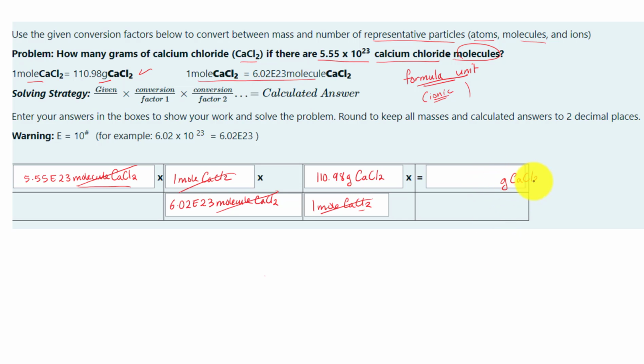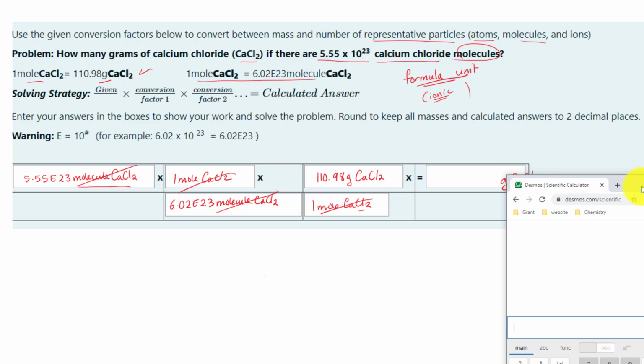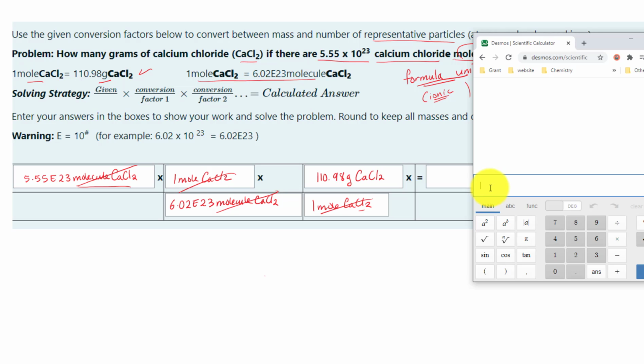So let's use our decimal calculator. There you go. Let's type it in. Again, multiply everything on top, divide everything on the bottom. We have 5.5 times 10 to the 23rd, and then times 110.98.